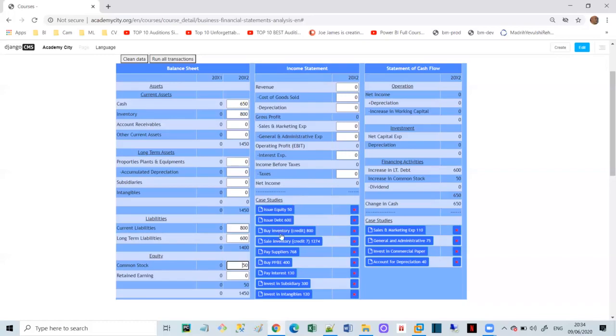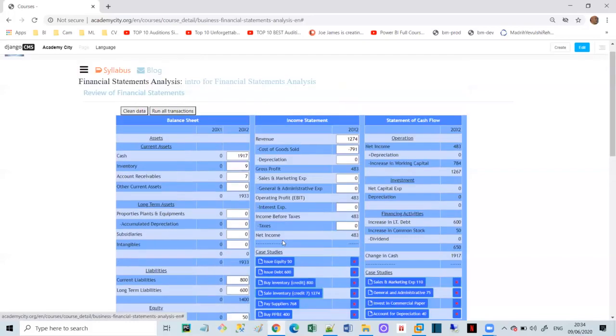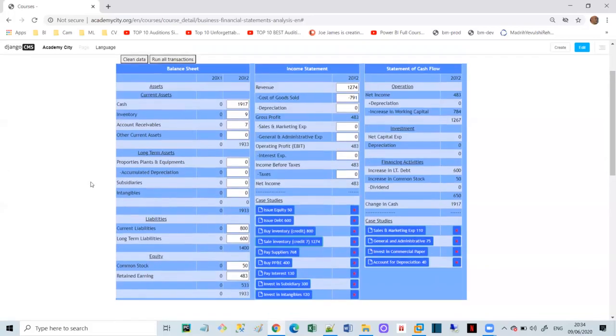So let's take the first transaction. I click on this button, and then we see a lot of numbers came around. Let's go step by step. Step number one, we see the cash has changed. We had only 650 before. Now it becomes 1917. I'm going to explain it in detail in a second. Second, the inventory has changed.